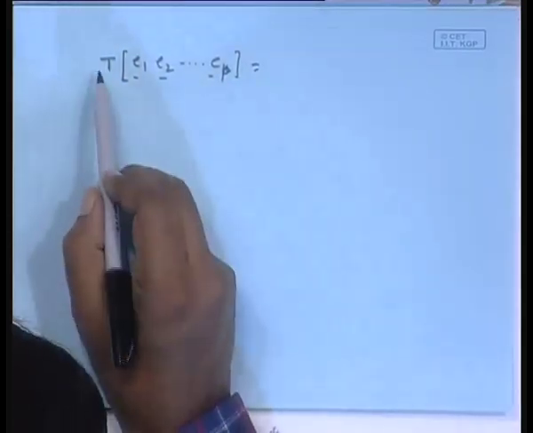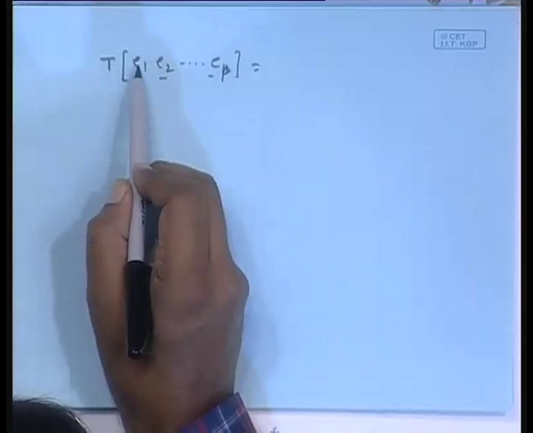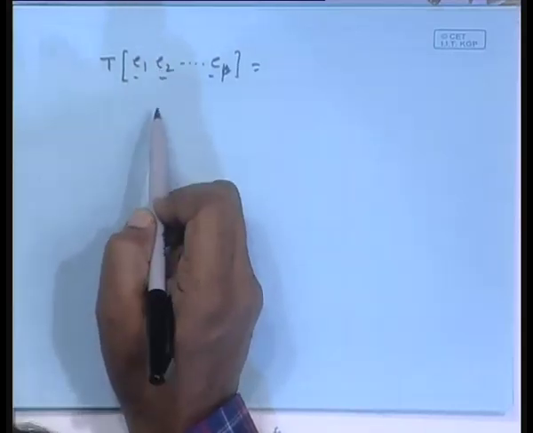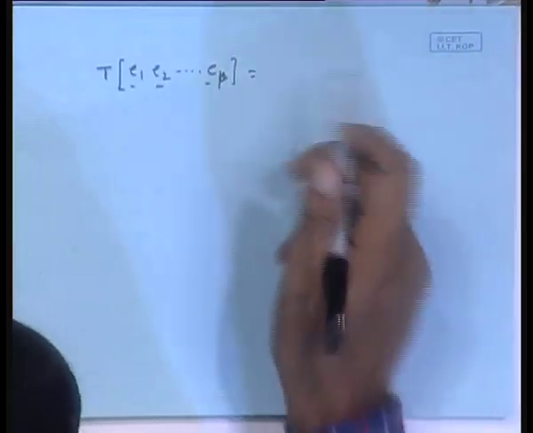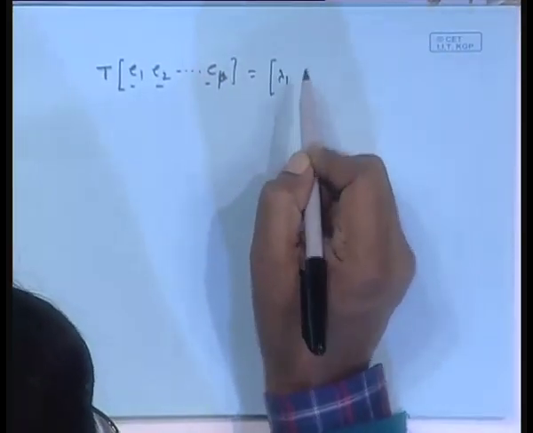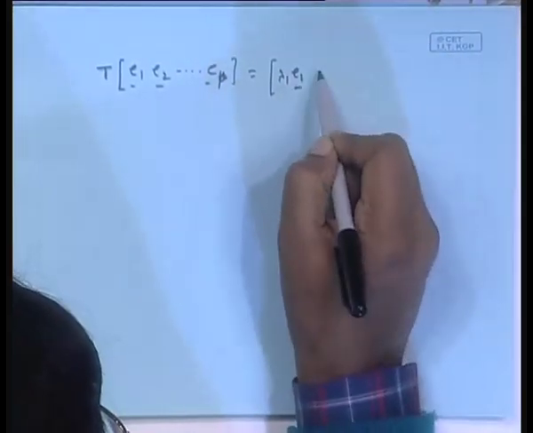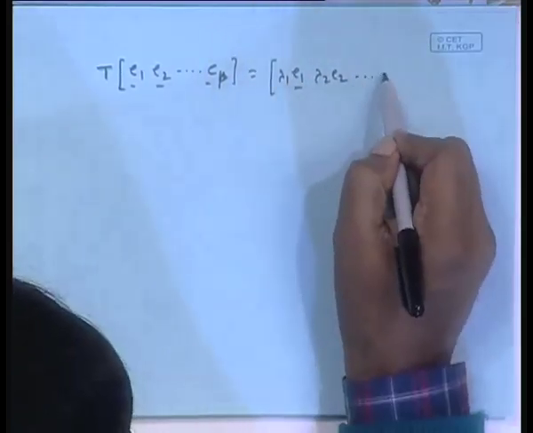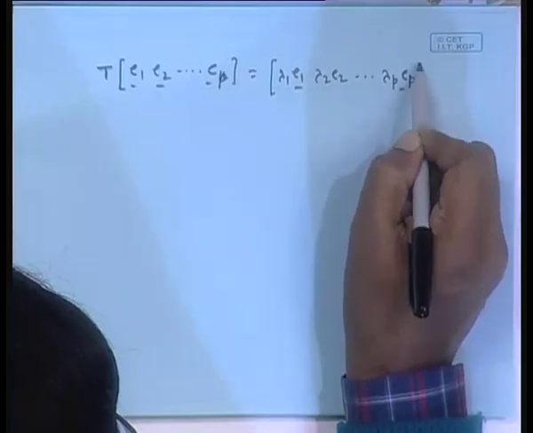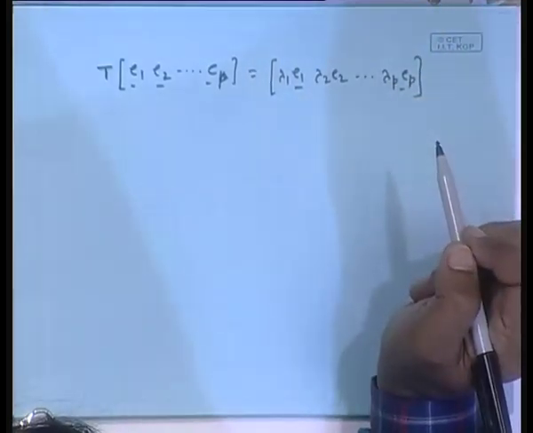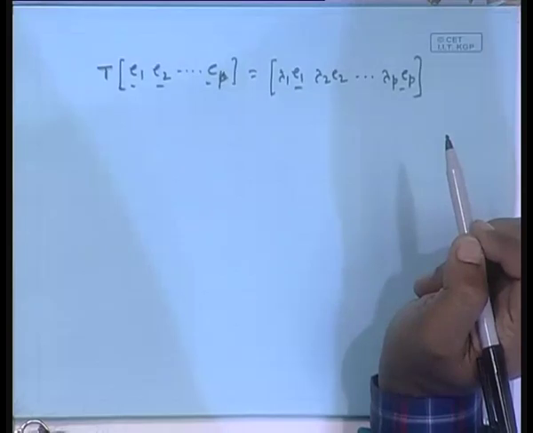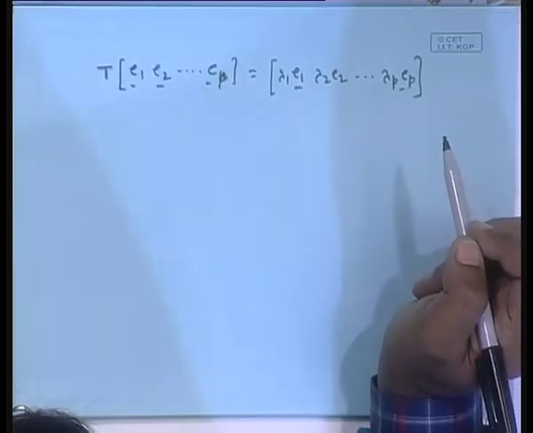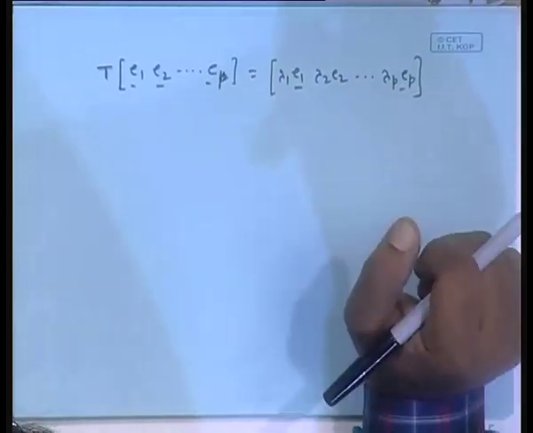What will this be? T into E 1 will be the first column, T into E 2 will be the second column, so on and so forth, and T E 1 is lambda 1 E 1, lambda 2 E 2. These are all column vectors.